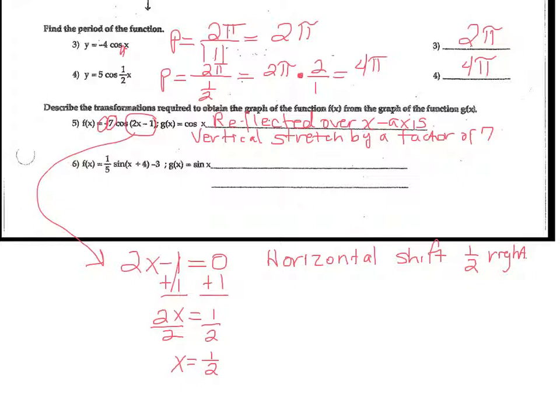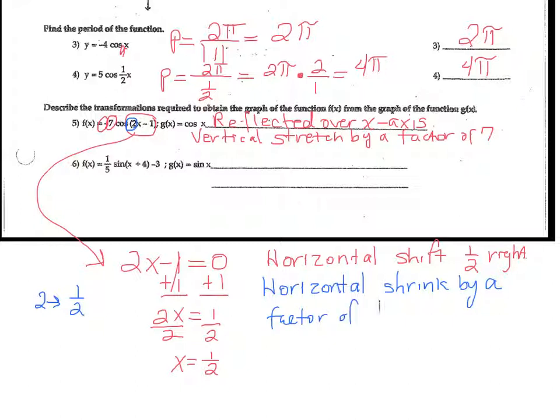And now because of the 2 in front of the x, that's going to be a horizontal change. You get the reciprocal of the 2, which is 1/2. So it's a horizontal shrink by a factor of 1/2.